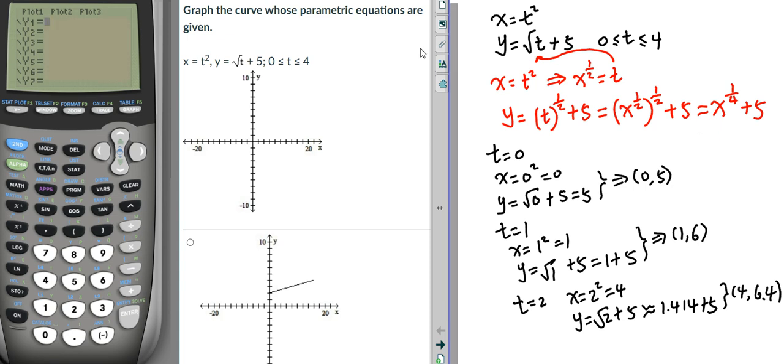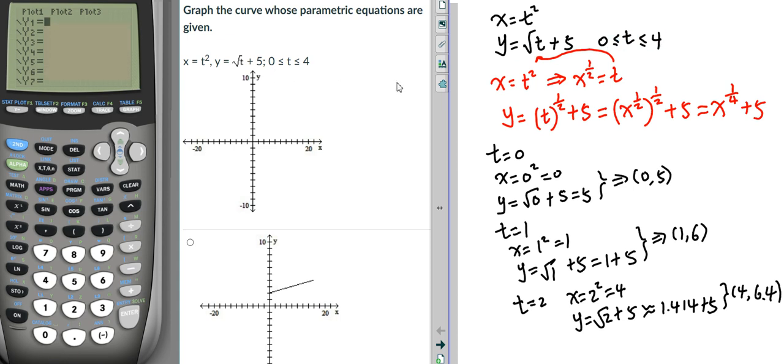We are given the parametric equations x equals t squared, y equals radical t plus 5, and t is between 0 and 4, 0 and 4 included.